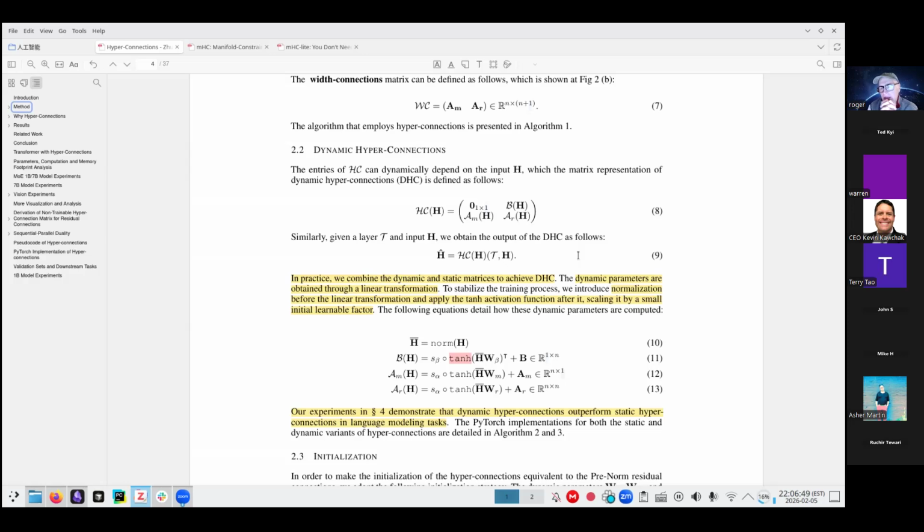Right. Intuitively it makes sense with superposition. If you make it wide enough, you can superimpose as many vectors as you want. But each transformation, like you said, grows as n squared, so it becomes very expensive. So this is an efficient way to make a very wide residual stream without the cost of the forward transformations.